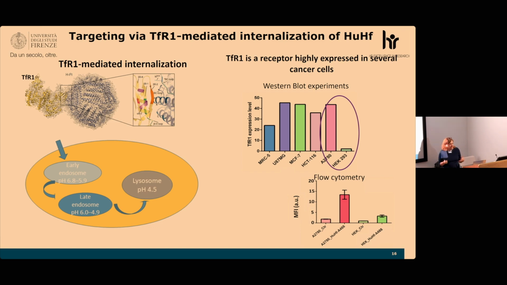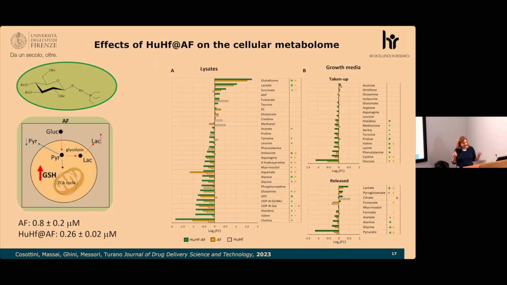And if we look at cancer cells, and in particular our cancer cell line of reference, you see that the levels of TFR1 expression are much higher in cancer cells than in healthy cells. And indeed, we are able to internalize a large amount of ferritin in the case of our cancer cell line with respect to the healthy cell lines. So this could be a targeting, but then what about the metabolomics?